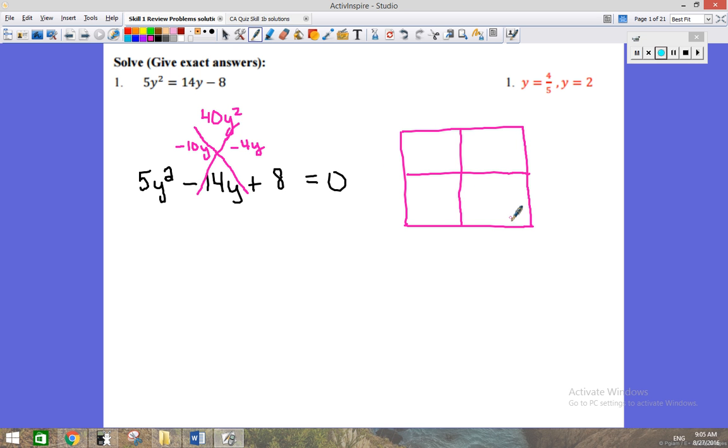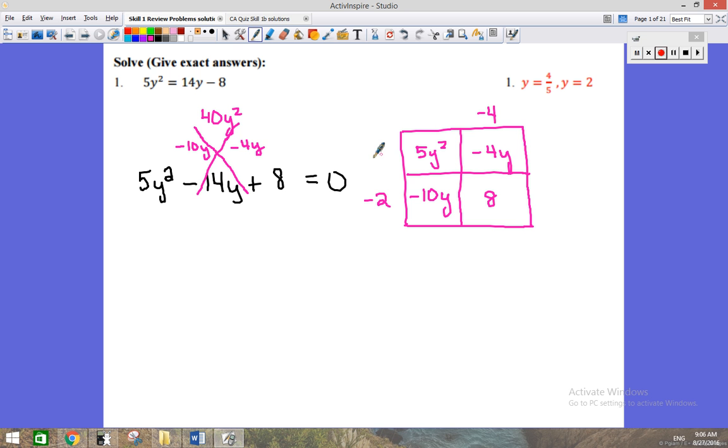We enter the table diagonally with the first term and the last term, and along the other diagonal the values that you found from your X. When this diagonal has both negative signs and this positive, then when I look here horizontally, I'm going to say that negative 2 divides both of those values, and when I look at this vertically, negative 4 divides both of those, and then negative 2 times a negative 4 is a positive 8.